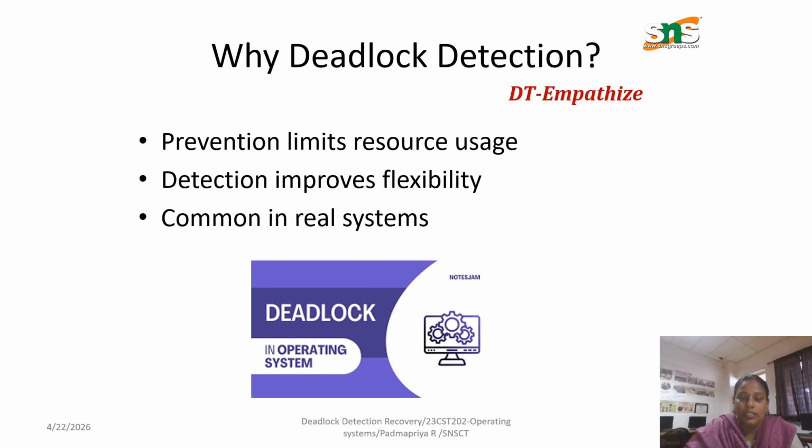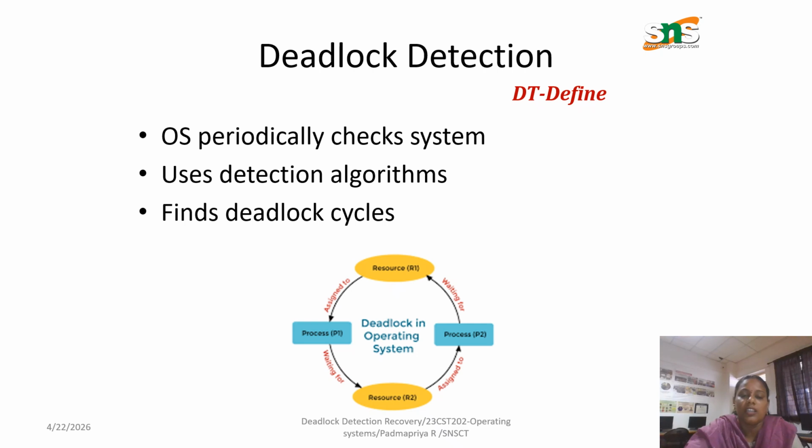Why are we giving importance to detection? The OS periodically checks the system to see whether deadlock has happened or not. For that we use deadlock detection, and many algorithms find deadlock cycles.